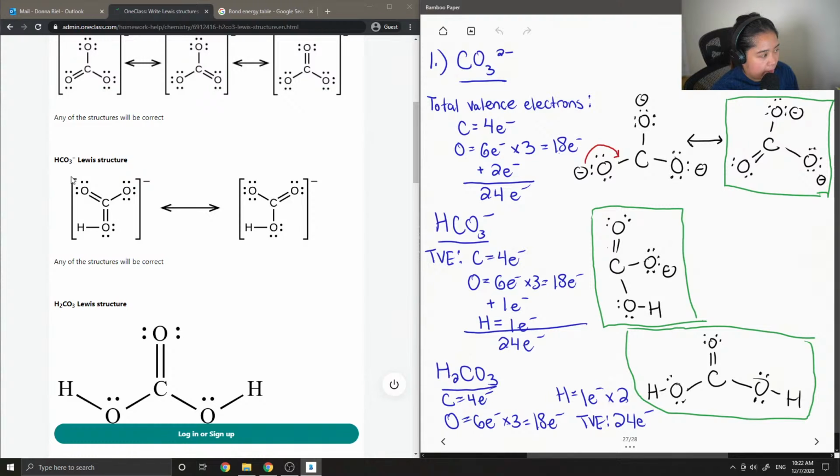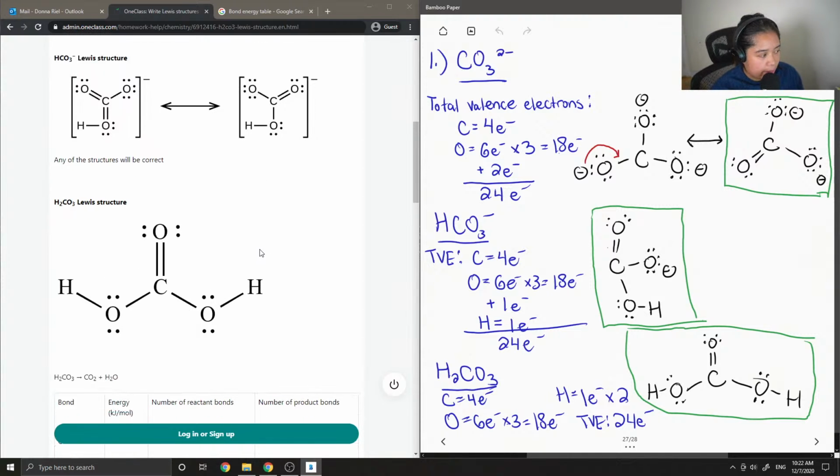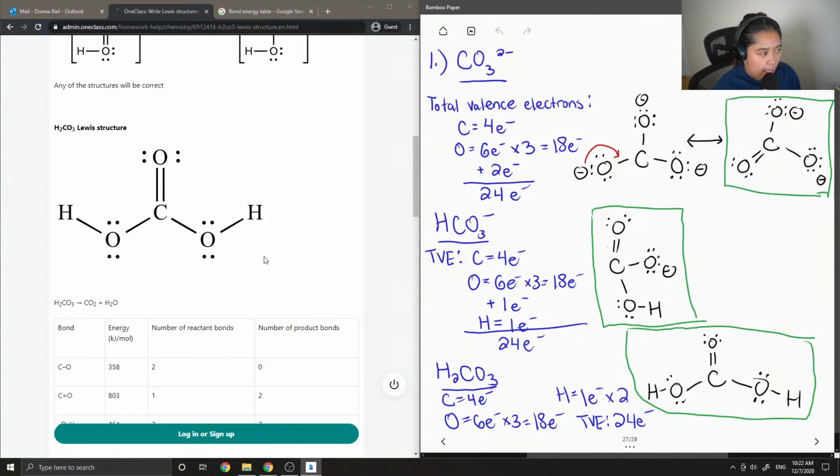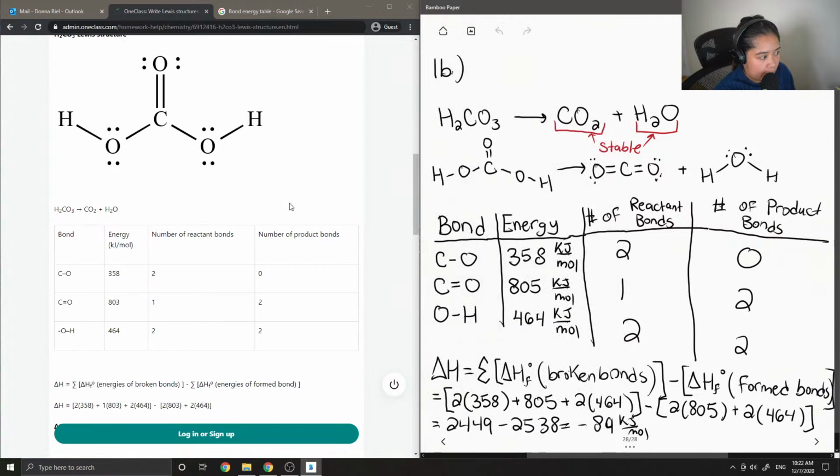They have the bicarbonate ion. Yep, so any of these is correct. They have both the resonance structures. And then lastly, they have the Lewis structure for carbonic acid, which is the same as mine, so that is correct as well.